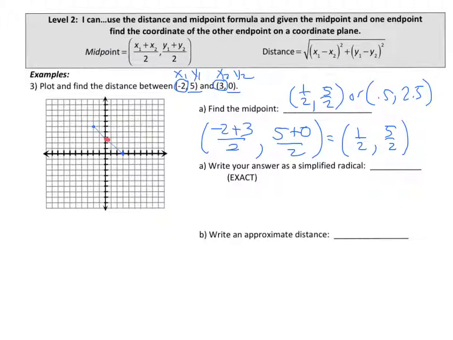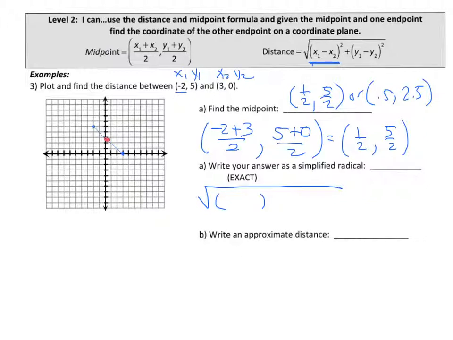Okay, the next formula that we're going to be using is called the distance formula. The distance formula finds the length of a line segment, or how long it is. I'm going to do it the same way. I still use my x1 and y1. I start with a giant square root, and then in my first set of parentheses I subtract the x values.